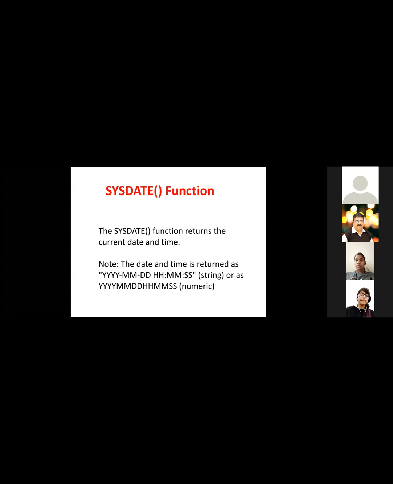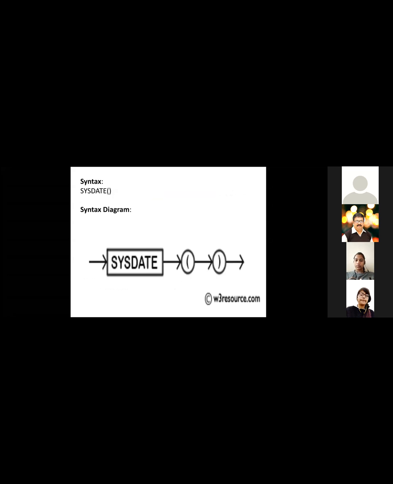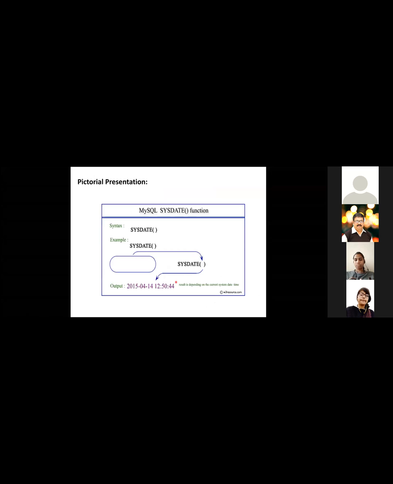SYSDATE function. The SYSDATE function returns the current date and time. Note: the date and time is returned as a YYYY-MM-DD string or as numeric. This is the syntax diagram, and this is the pictorial presentation.